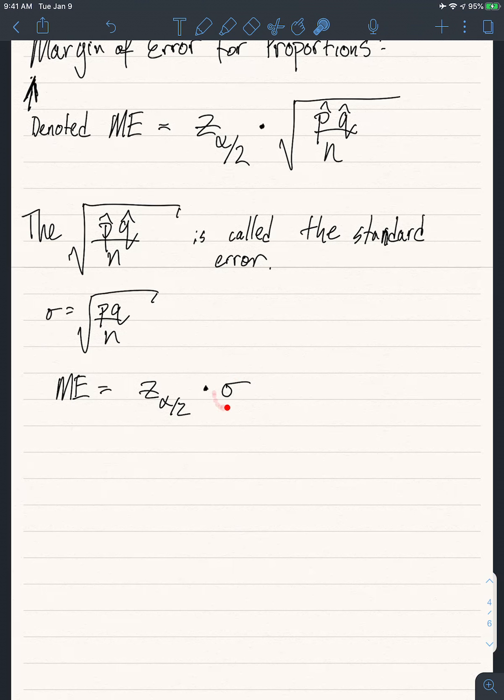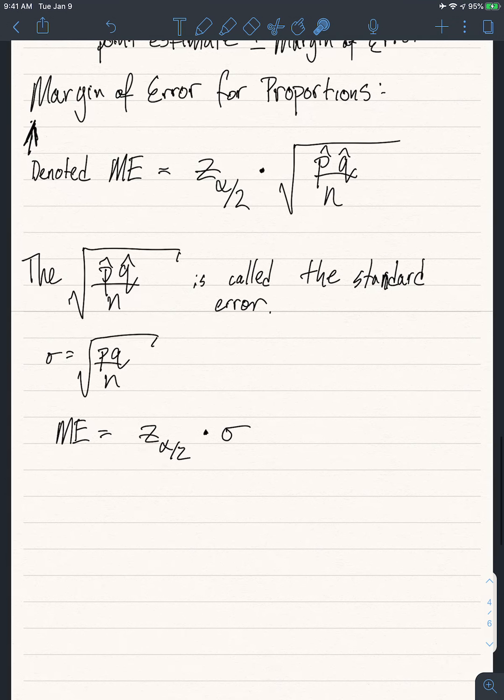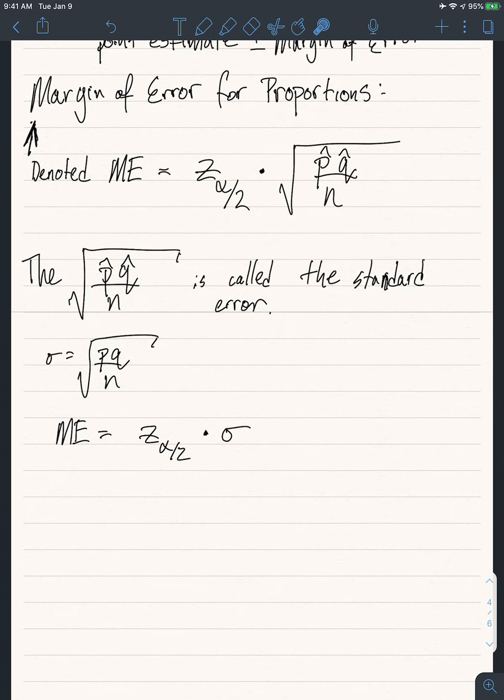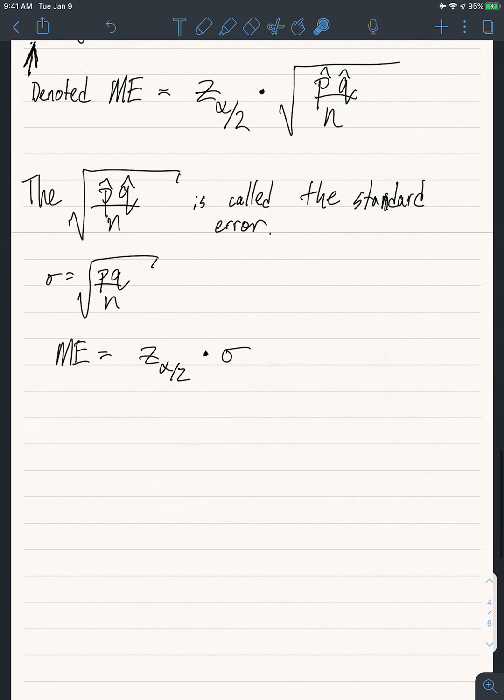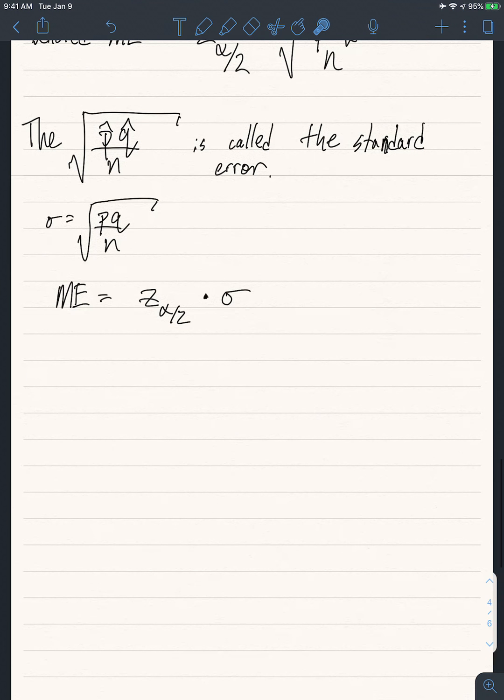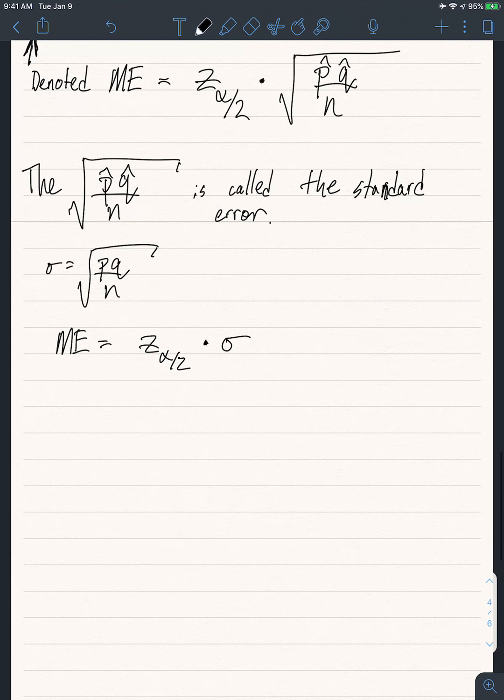I'm not going to take off if you do this too, because it helps me remember that the standard error is sort of like a standard deviation. That's why they both have the word standard in them. But yeah, this P hat Q hat over N is a lot like what we did in the last class. All right. So that is the standard error.